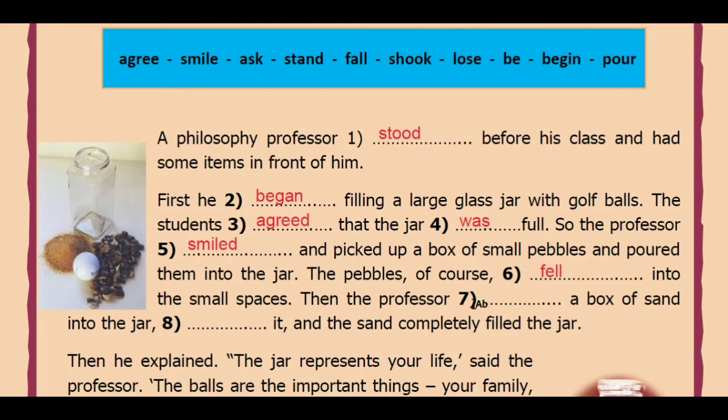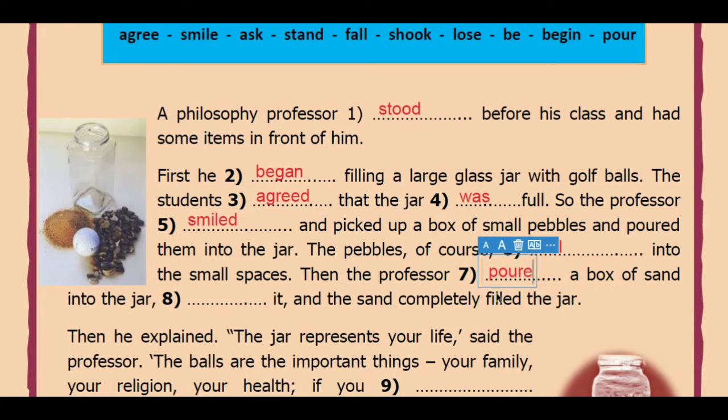Then the professor, number seven, a bulk of sand into the jar. Number eight, and the sand completely filled the jar. Then the professor, number seven, a ball. So which one for number seven? It means pour, right? Just add ed because pour is a regular verb: a bulk of sand into the jar.